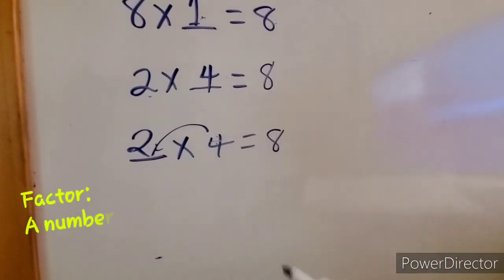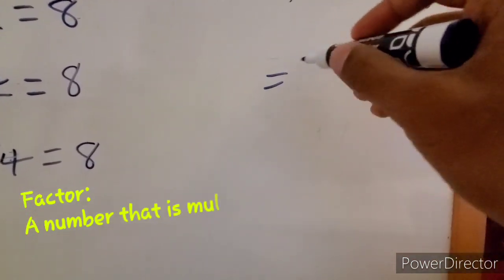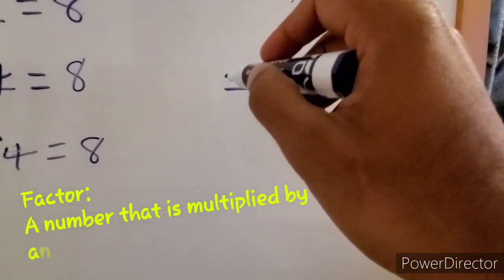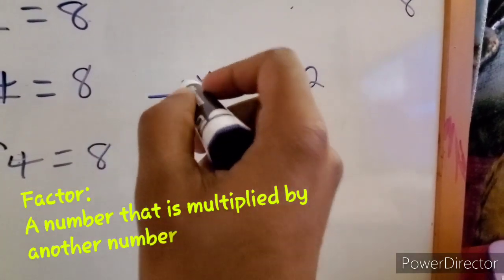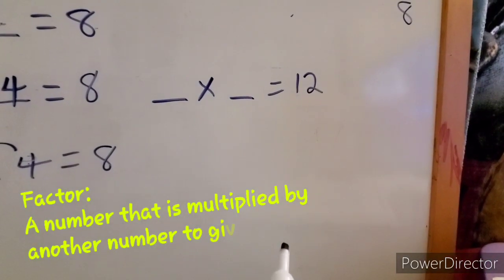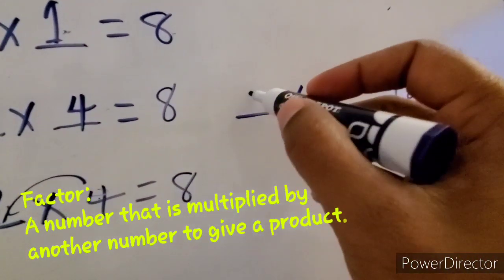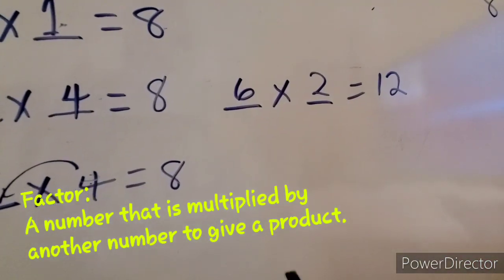We could also try some factors that when you multiply them you get 12. What are the factors that you multiply to give you 12? Blank times blank gives you 12. Yes, we could try 6 times 2 will give you 12.